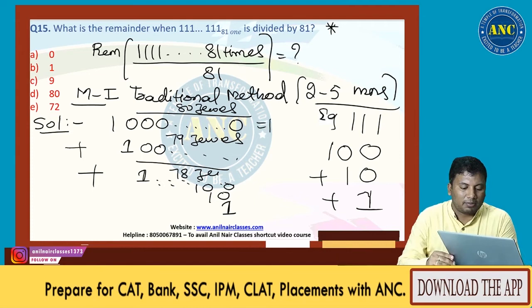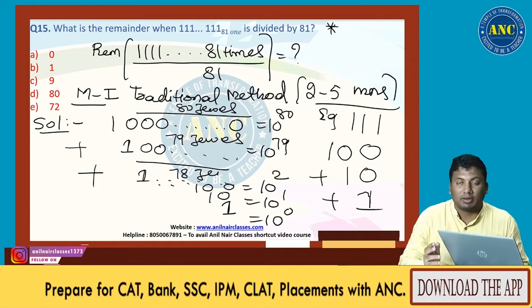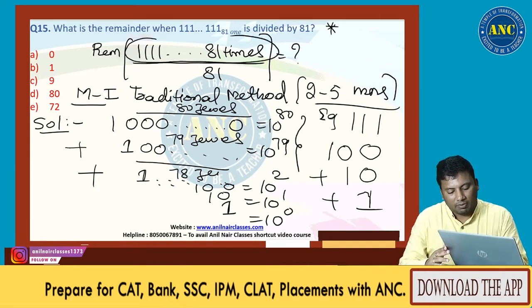These are nothing but 10 power 80, 10 power 79 and so on up to 10 square, 10 power 1 and 10 power 0. That means this question is nothing but the sum of all this.